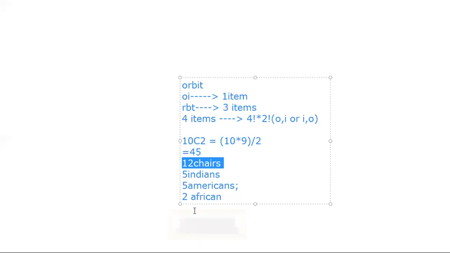Sir, 12C5 into 7C5 into 2C2. Come on, man. Why 12C5? Whenever you're using combination, ensure that you don't use it randomly. 12C5 means out of 12 people, I'll be selecting 5 people. That is entirely different with respect to this question. Permutation also.